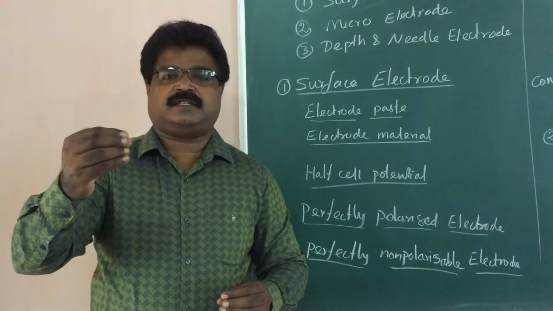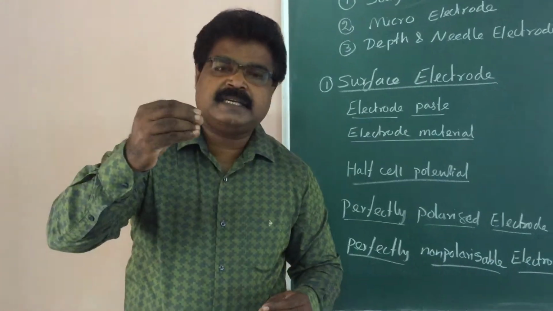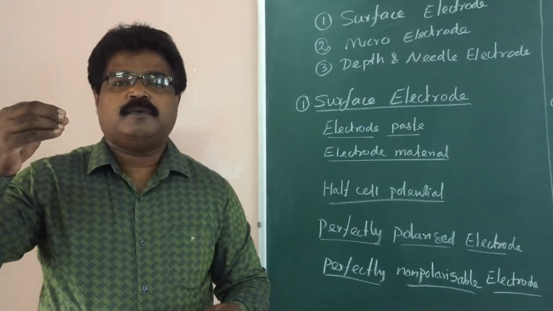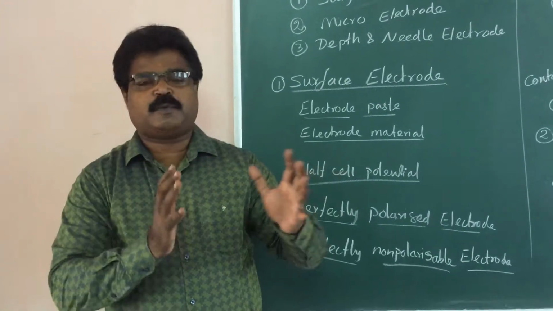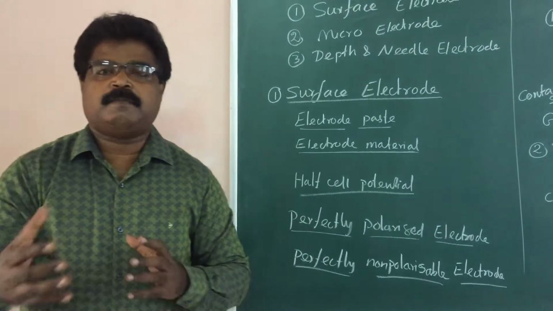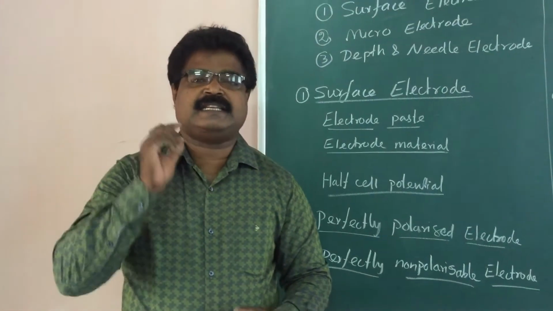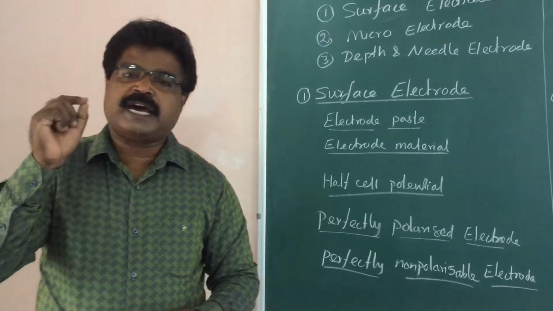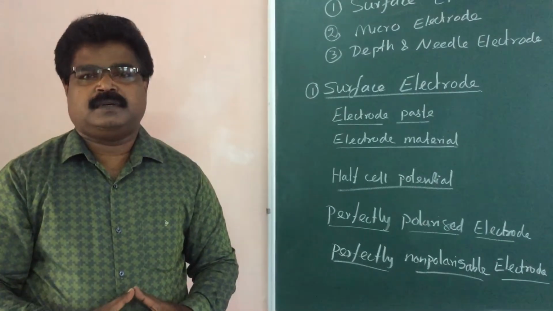The ions present in the body fluids will accumulate nearer to the electrode. There is no transfer of ions from the skin or body to the electrode. They just accumulate, that's all. That is called polarization.